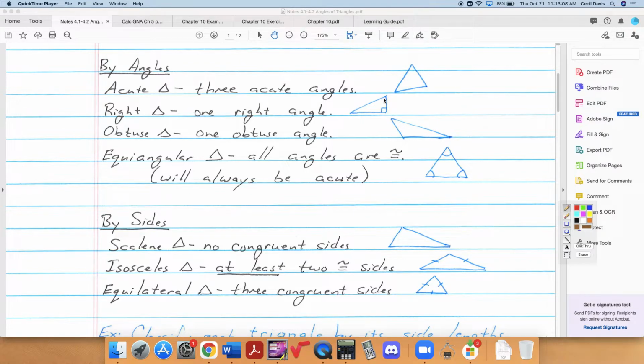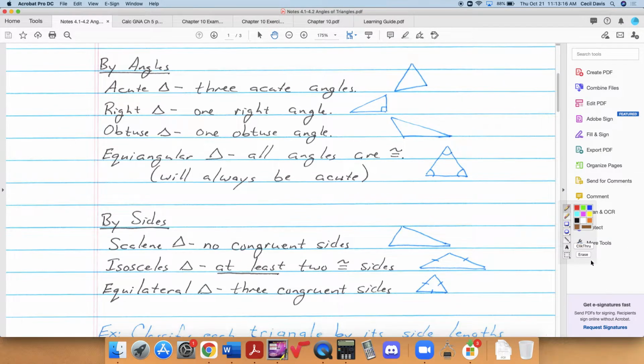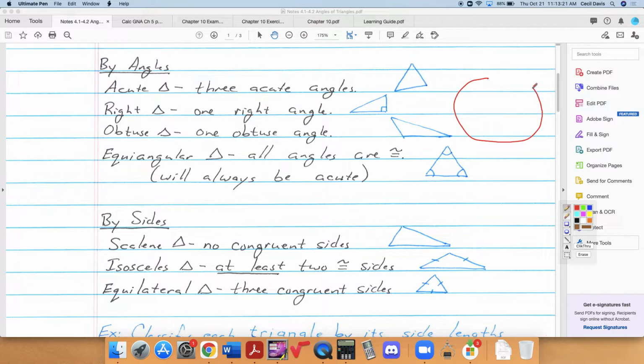So here, I'll try and draw it for you. If you've got a sphere, here's the equator. If you have a longitudinal line, where it meets the equator, it's at a right angle.